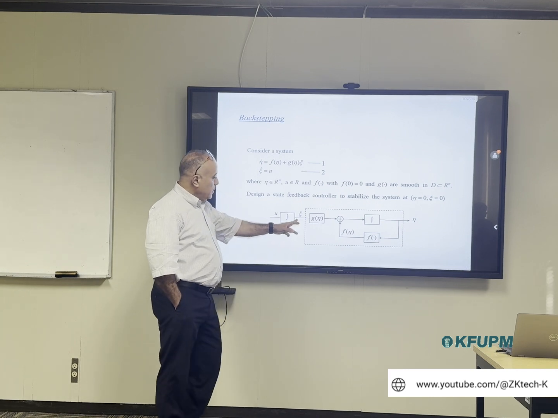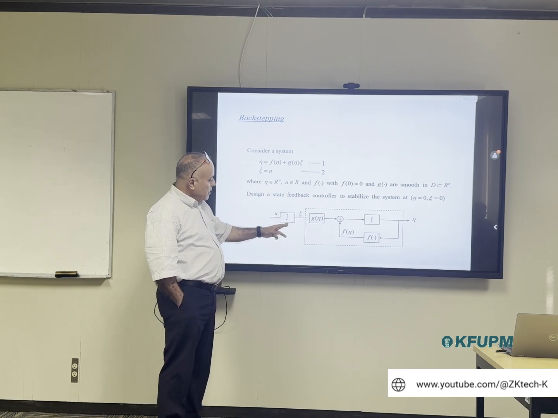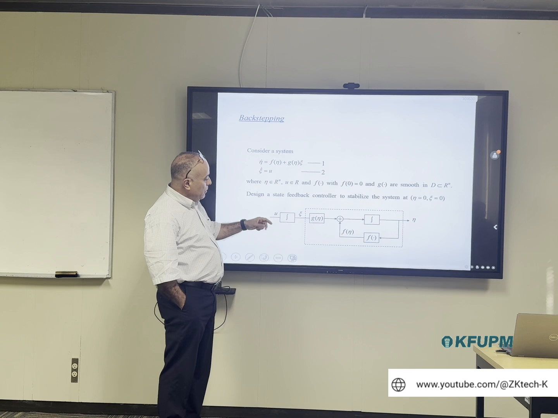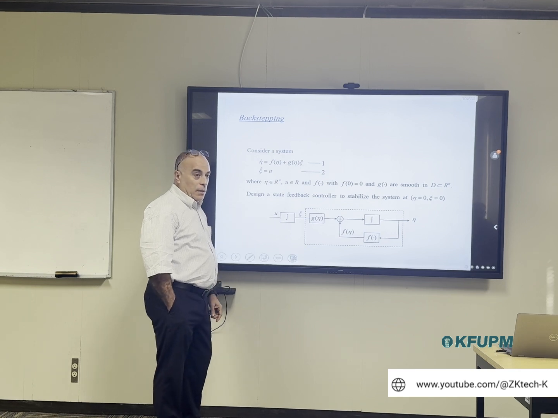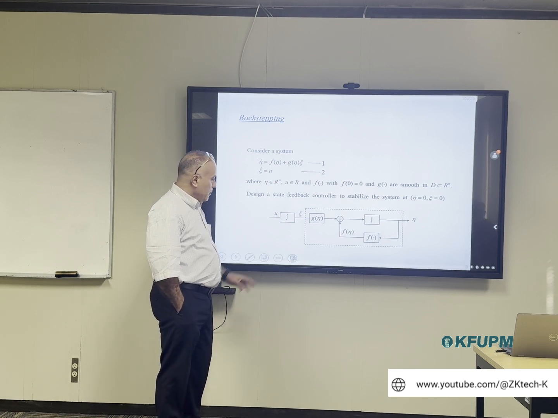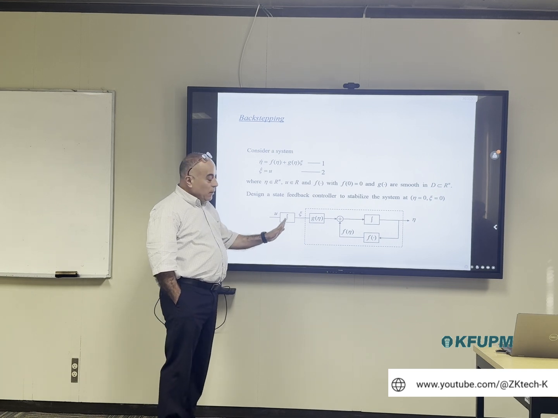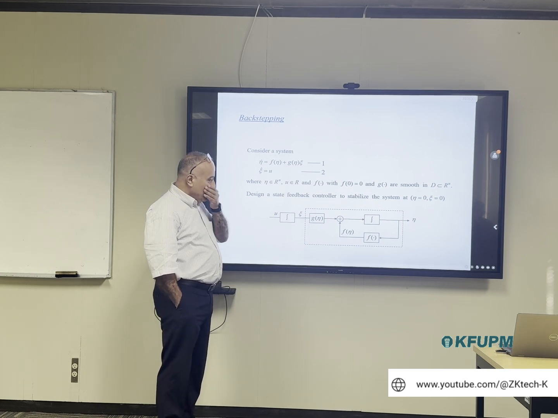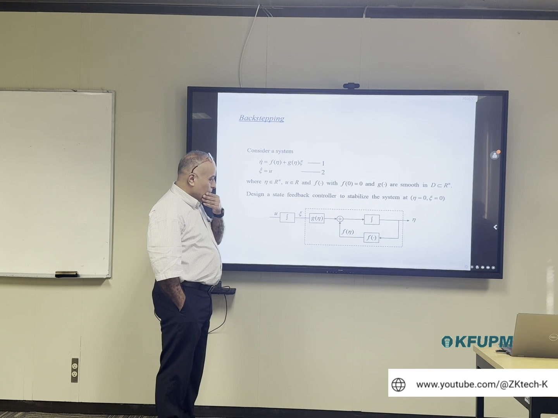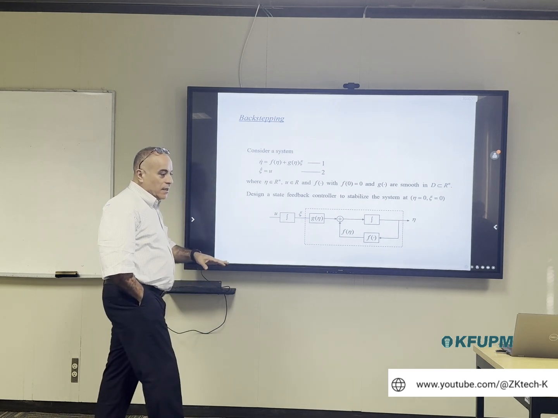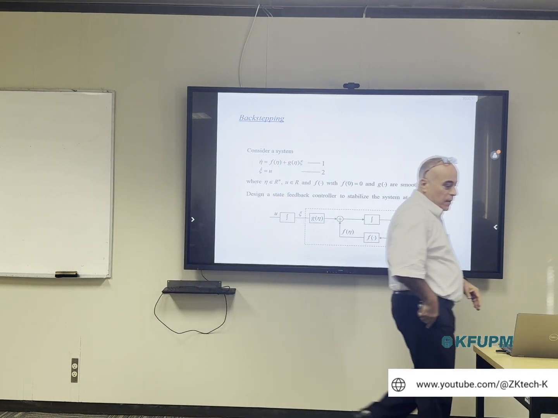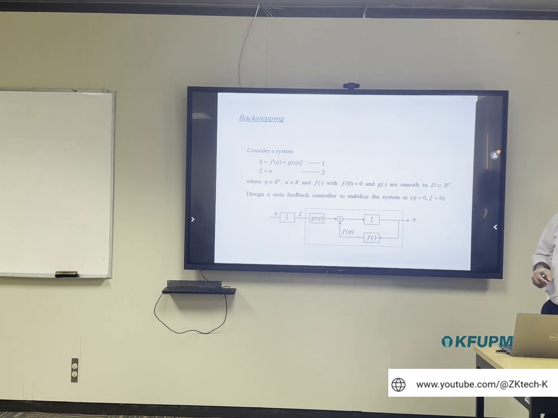At the end here, this is the value of zeta. The value of zeta is the integral of u, or zeta prime is equal to u, so this is why we have u right here. So this is the integral backstepping that we are going to see here. The structure is simple in terms of form.